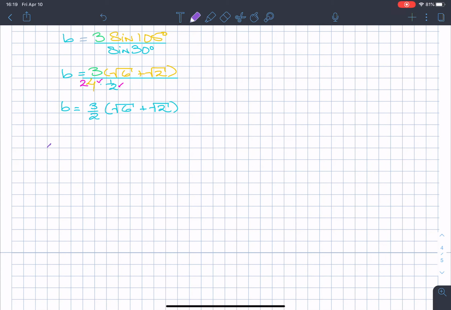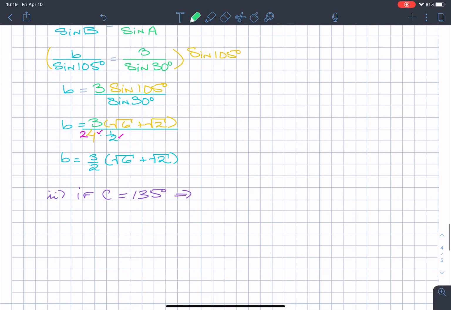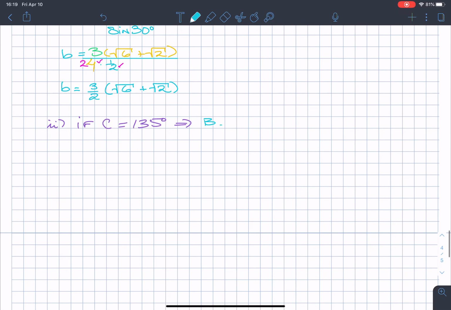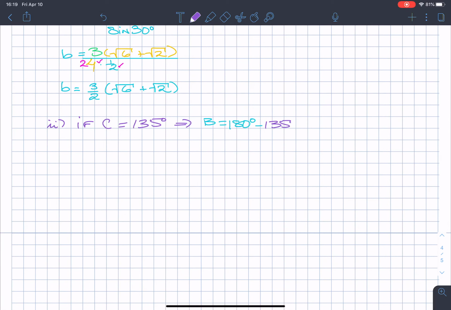Case 2 is if angle C is, well, I did the 45, so now let's do the 135, or the 45 degree reference angle in quadrant 2. So let's see, B was in blue. Capital B in this case will be 180 degrees minus 135 degrees minus 30 degrees.